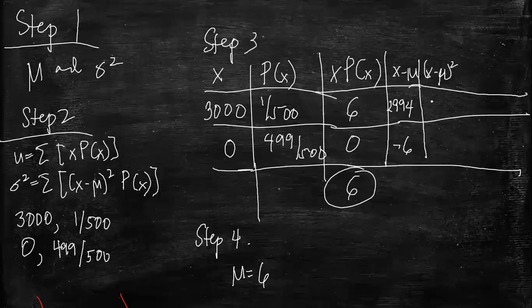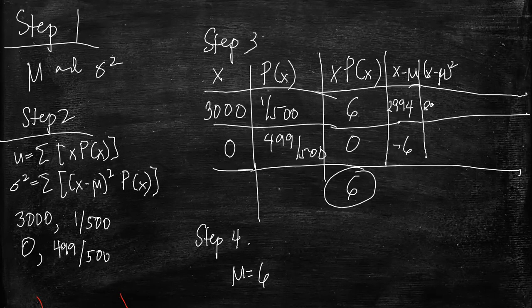So we have ilan? 2994 squared. 8,964,036. Tapos yung isa ay positive 36. 36.